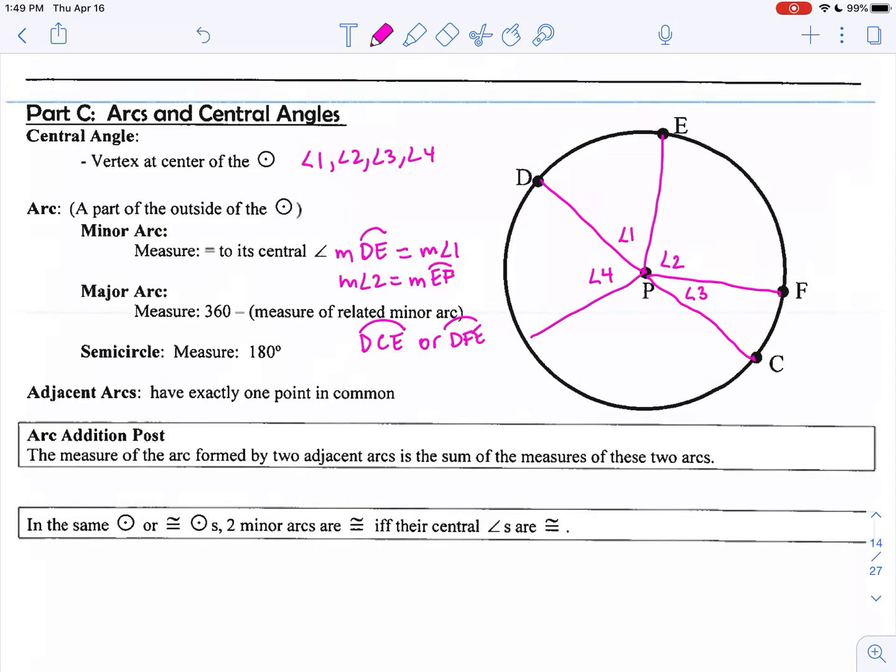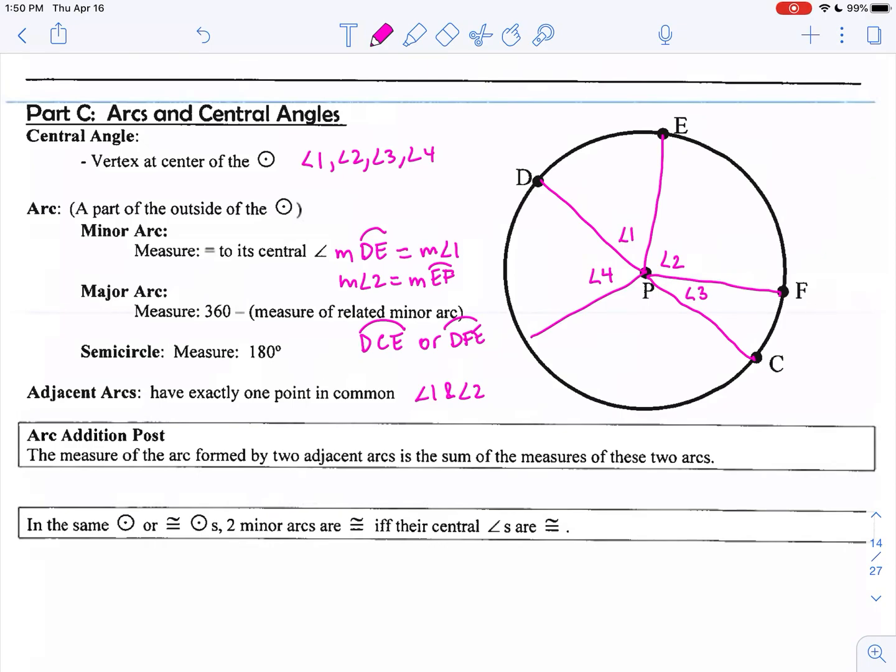Adjacent arcs are arcs that are right next to each other. So think of adjacent central angles that have a common endpoint. For example, angle 1 and angle 2 are adjacent angles with the common endpoint of E. The arc addition postulate just says that if you have one slice of pizza and another slice of pizza together, you can add them to find the measure of the resulting arc, the sum of the two.